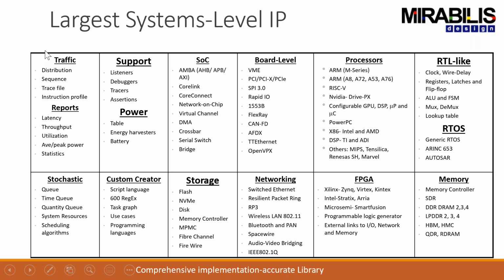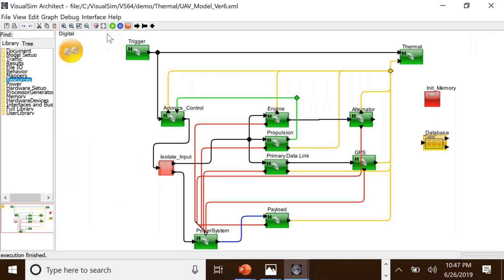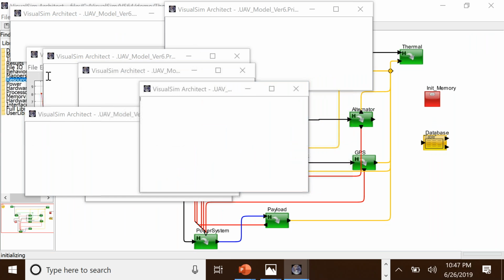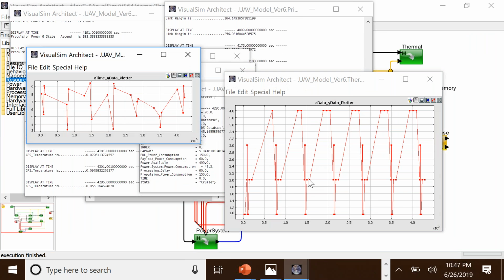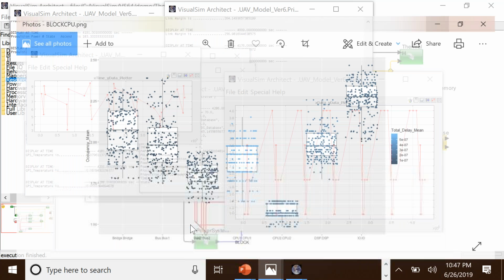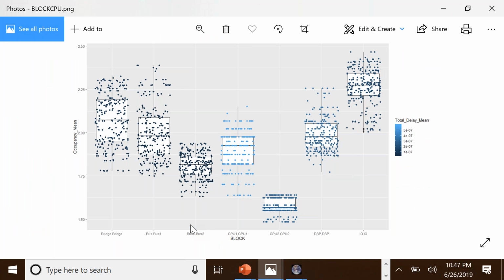So to give you an idea of what that means, when I ran the simulation, you saw the plots being generated in real time. So that's one type of analysis along with the reports. Another type of analysis is where we get offline recording. And so here, for example, I can see what the range of buffer occupancy is for the different devices in my system.